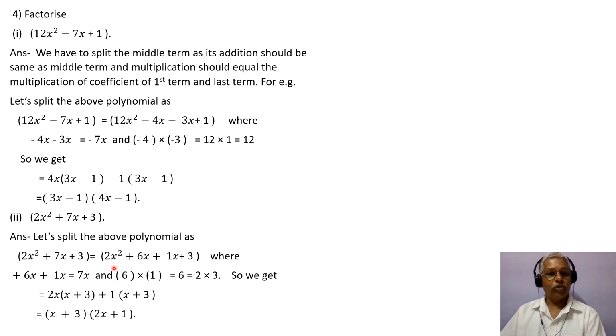Okay. So if you take 2x common from this, you are left with x plus 3, and if you take 1 common in this, you are left with x plus 3. Okay, now x plus 3 common in the whole thing, and in bracket you are left with 2x plus 1. Very simple. Okay, these are the factors of this.